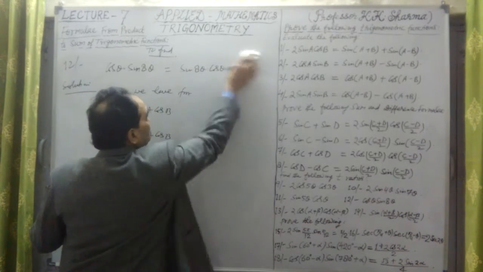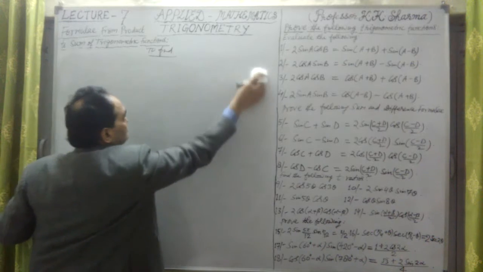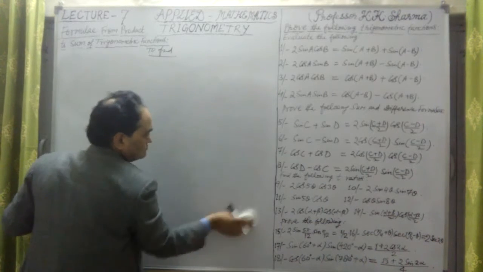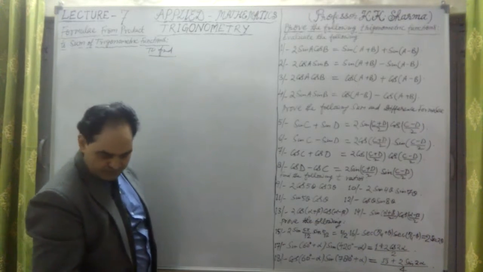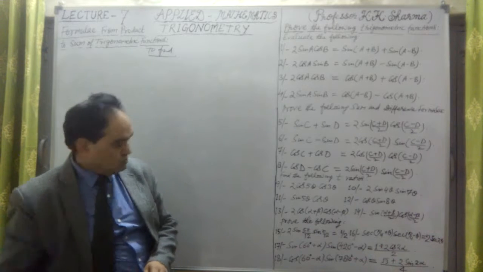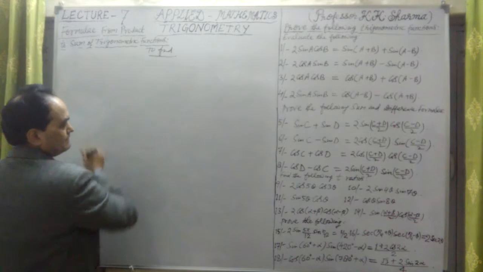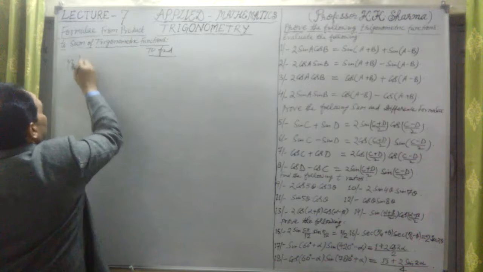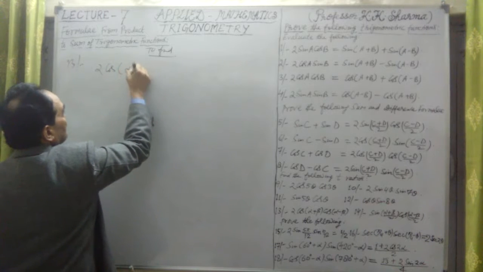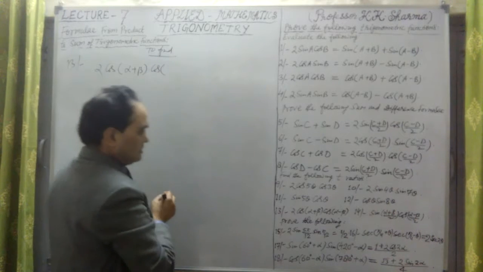What does question number 13 say? Let me check it. It says to find the value of 2 cos(alpha plus beta) into cos(alpha minus beta).